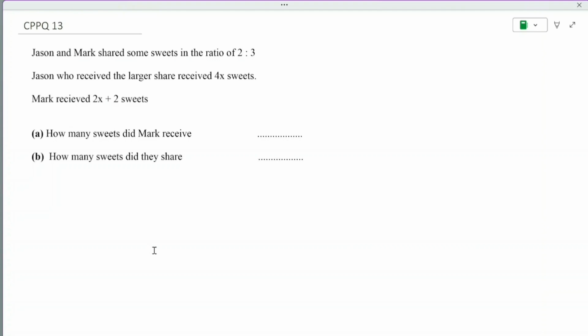For Jason, he received the larger share, so his ratio will be 3 over the total ratio, which is 2 plus 3, that's 5, times the total number of sweets they shared, that will be 4x plus 2x plus 2.